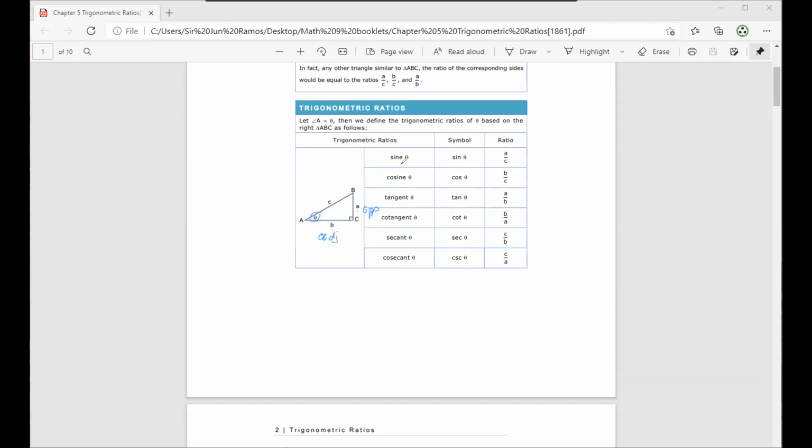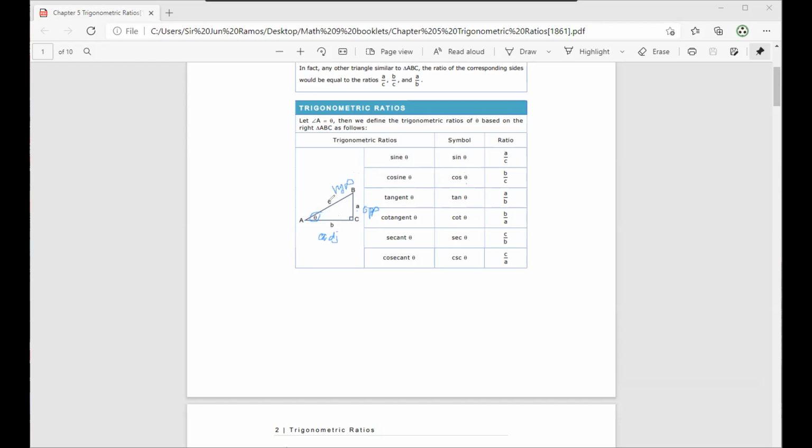Now, we define the trigonometric ratios as the following. Sine theta, abbreviated as sin theta, is actually the ratio A over C. That's opposite over the hypotenuse. And then cosine, abbreviated as cos theta, is the adjacent over the hypotenuse.